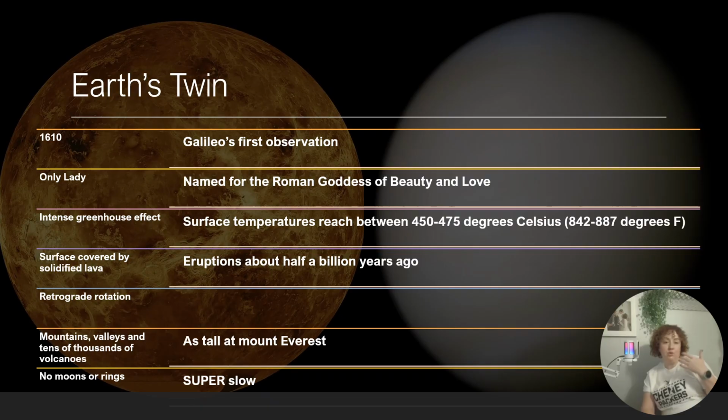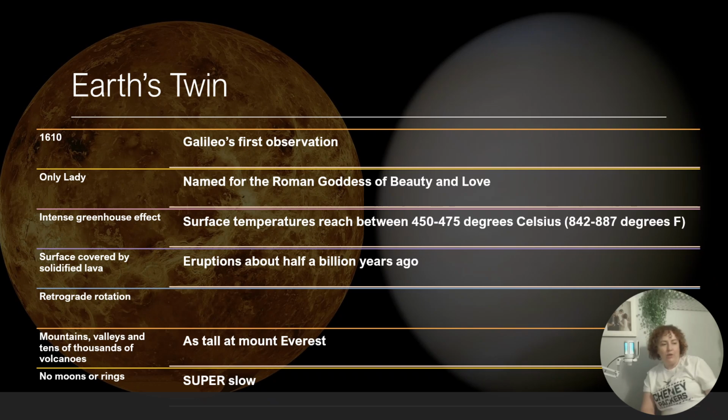Venus is in retrograde. We talk a lot about retrograde when you have more of those crunchy sort of friends, where it's like, oh my God, the planets are in retrograde. That's why everybody is freaking out. So it has a retrograde rotation, which means it's moving in the opposite direction than most planets.